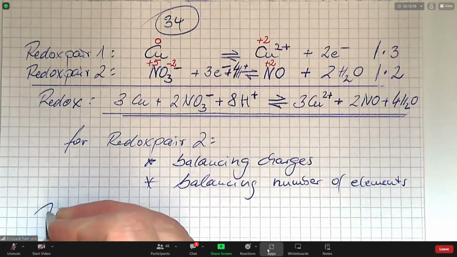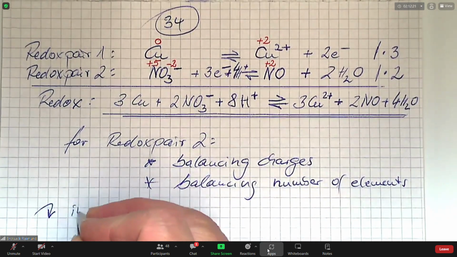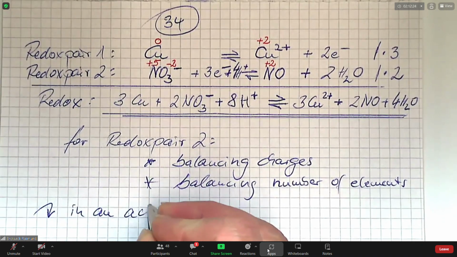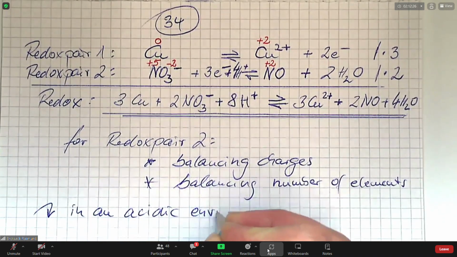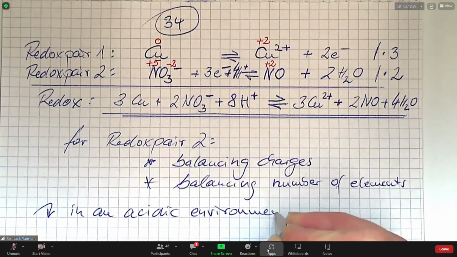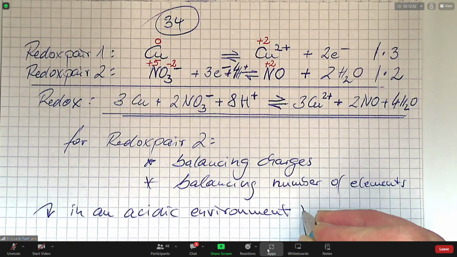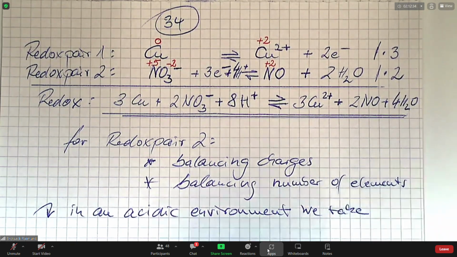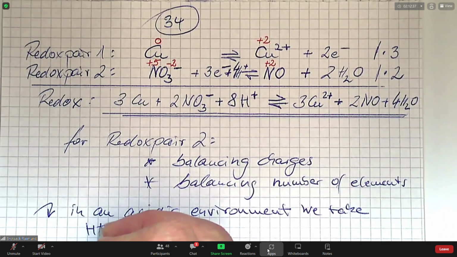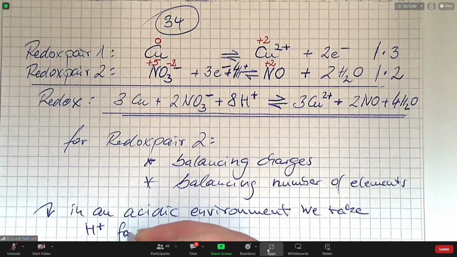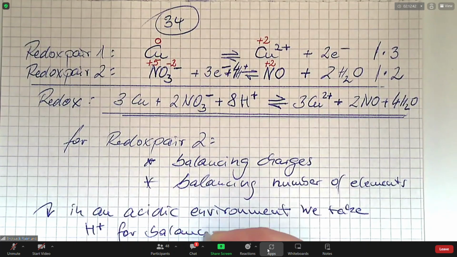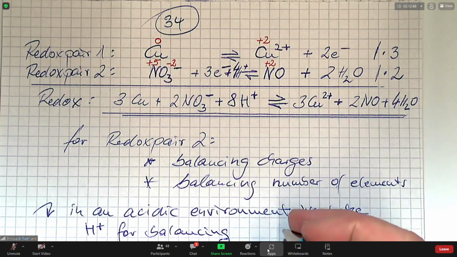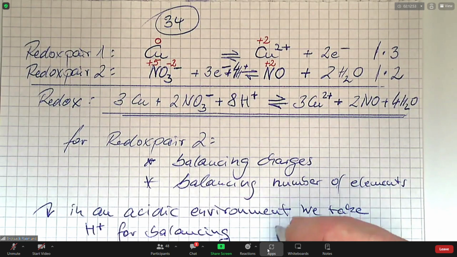So this, please keep in mind, in an acidic environment, we take H plus for balancing the charges.